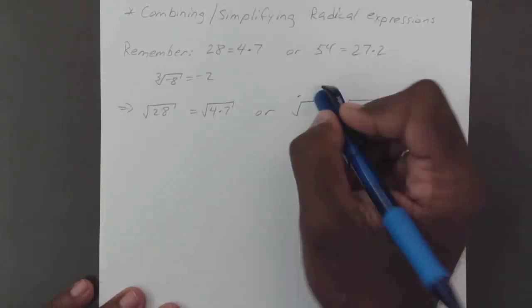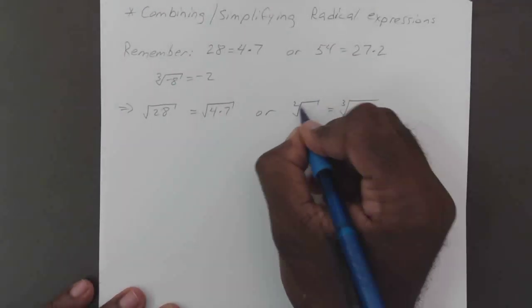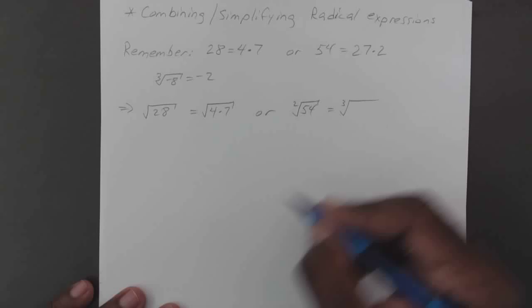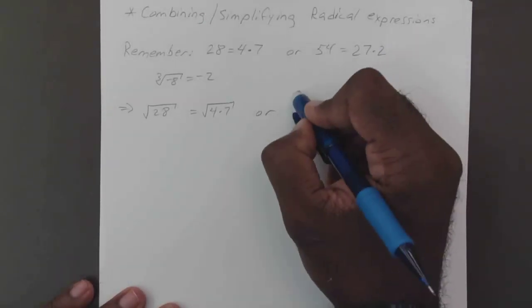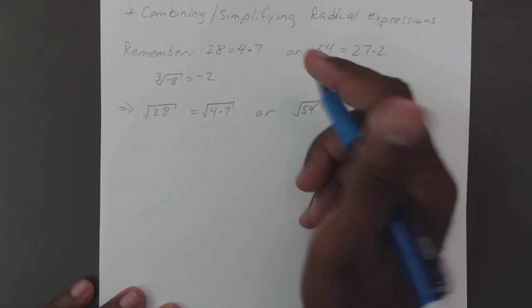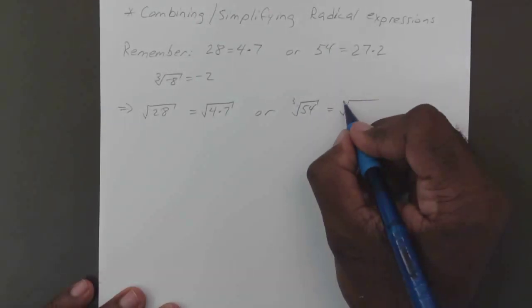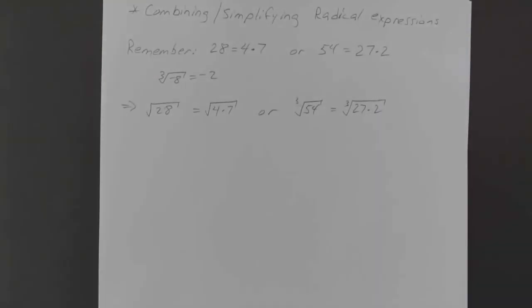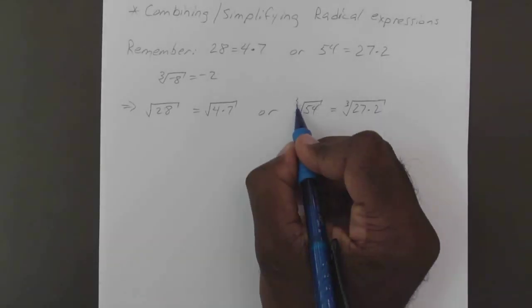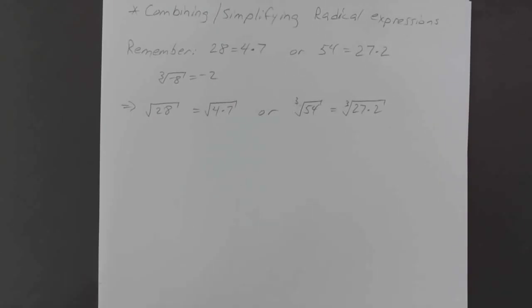Square root of 54. I'm looking at the wrong one. Square root of 54 is the square root of 27 times 2. Oh, sorry, it was cube root. I was right. Okay, so you could actually separate those.